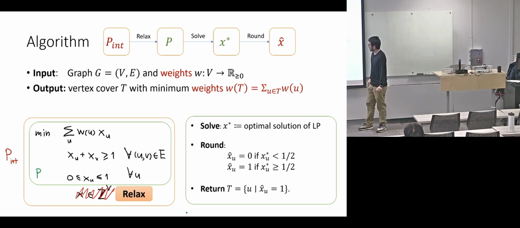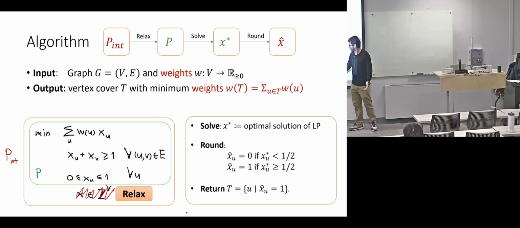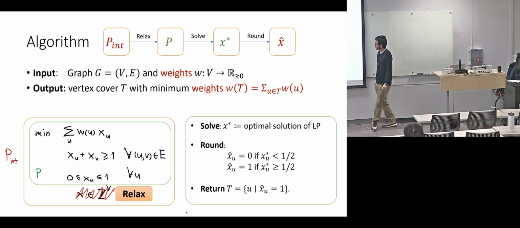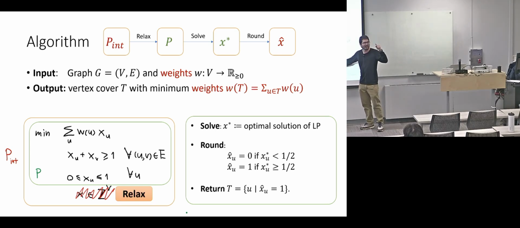Okay. And yeah, the one that you return is just the one that you choose, that you set to 1, that you round from half to 1. Okay. I think your solution would be as good as this one, because you look at the highest x star and keep choosing that.